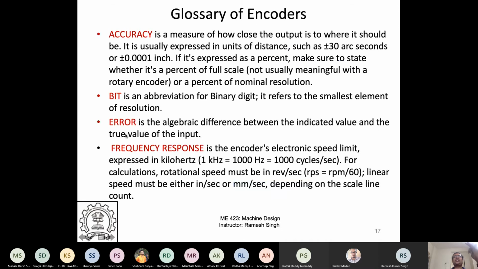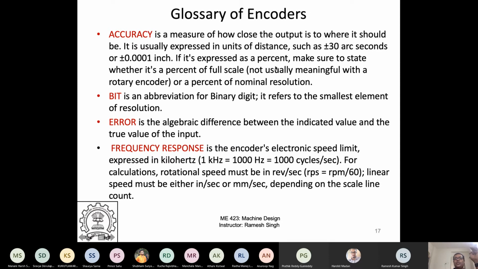Okay. And these are the things you should know when you go and buy an encoder. The first thing is accuracy. Accuracy is the measure of how close the output is to where it should be. It is expressed in units of distance, such as plus or minus 30 arc seconds or plus or minus 0.0001 inch. If it's expressed as a percentage, make sure to state whether it's a percent of full scale or a percent of nominal resolution.